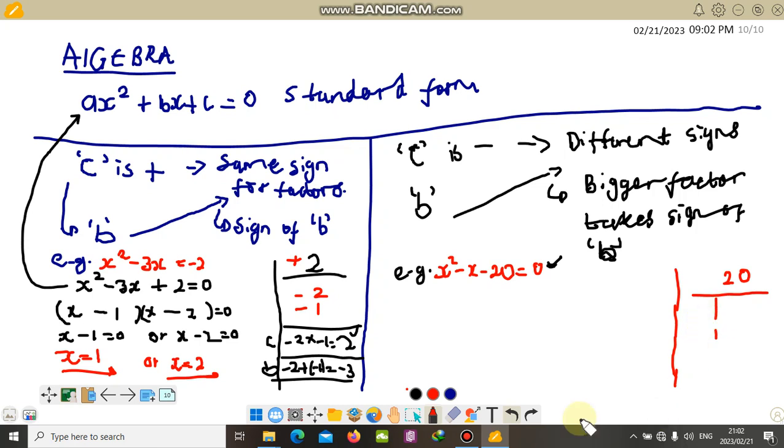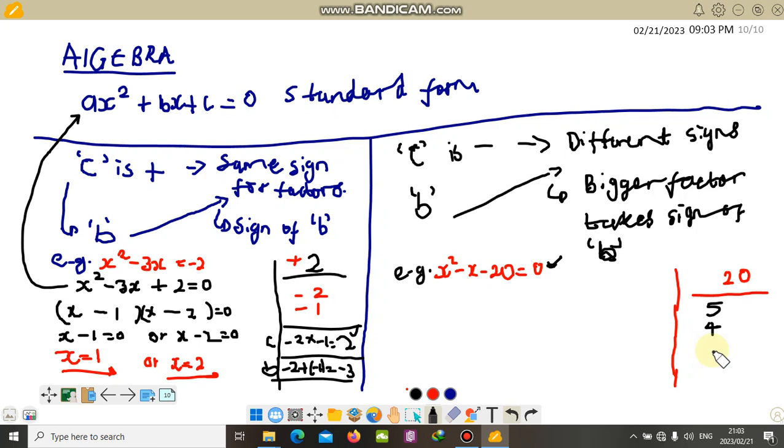Other factors for 20 are 5 times 4. So 5 and 4. When I say 5 times 4, do I get 20? Yes. When I say 5 plus 4, do I get 1? No. When I say 5 minus 4, do I get 1? Yes. So the factors are correct because they can give us 1.